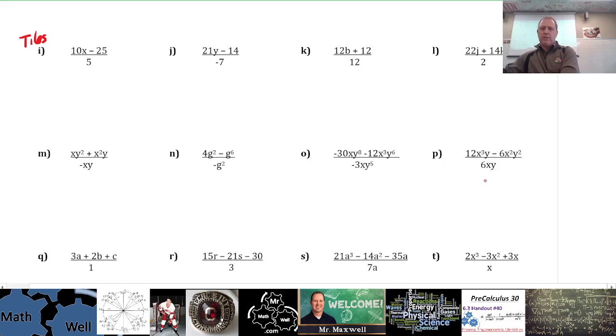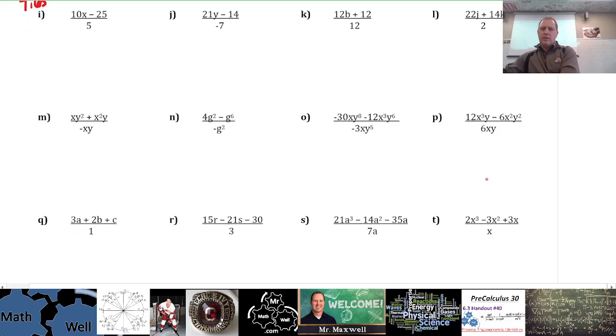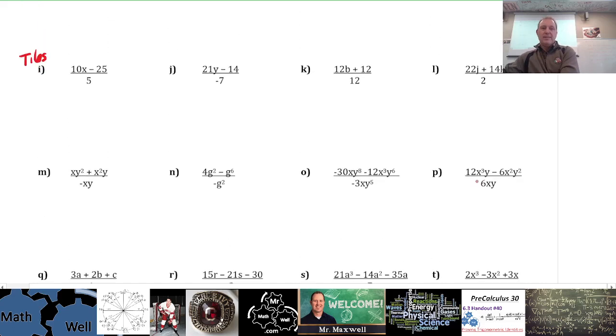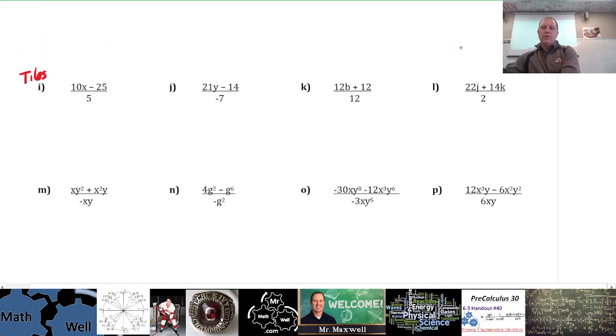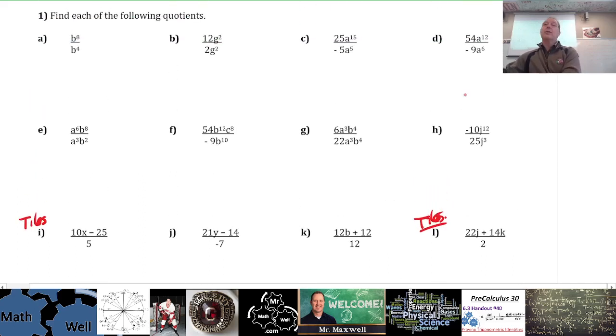Some of these aren't really friendly for tiles. Maybe we can't do tiles for too many of these, actually. All right, so we'll do tiles for these two, for I and L. And I will do some of these for you, and I'll get you to do the rest. So let me do some of these with you.